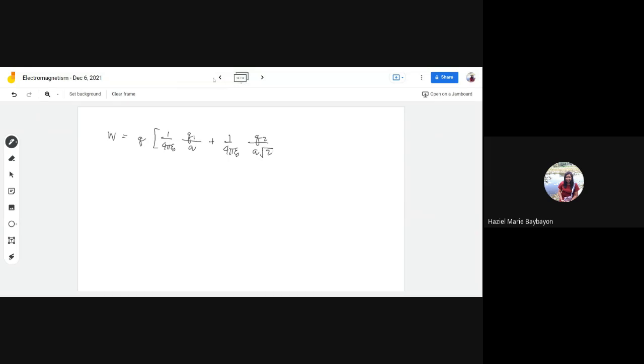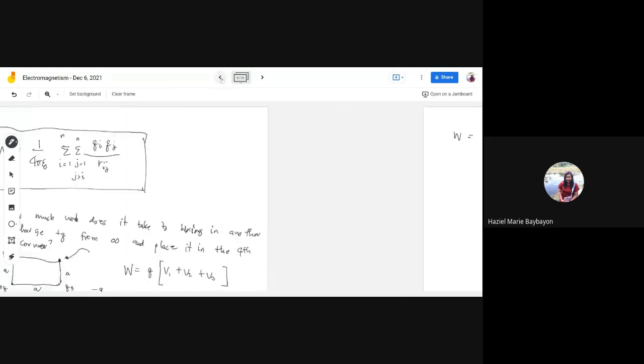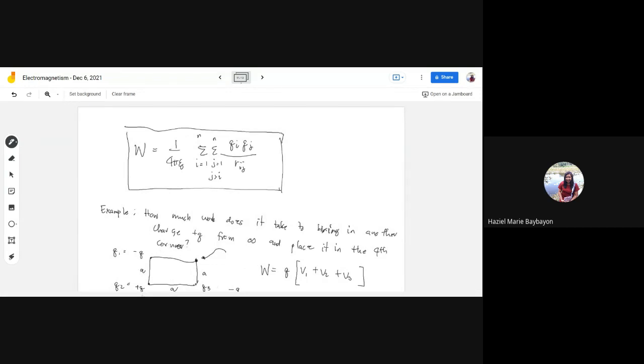So where does that come from, class? The distance from Q2 to this point, if this side is A and this is also A, is equal to A times the square root of 2. You can use the Pythagorean theorem to solve this.